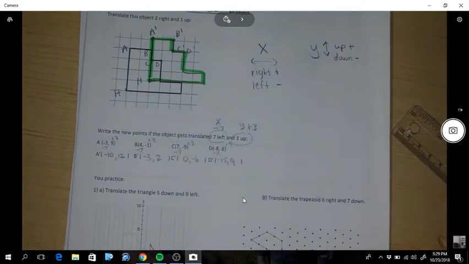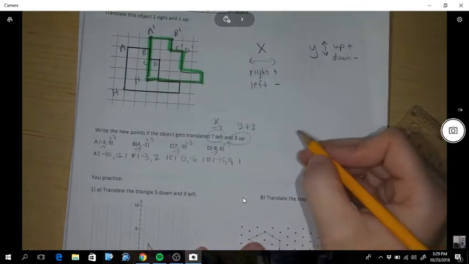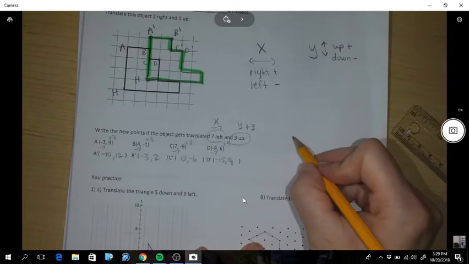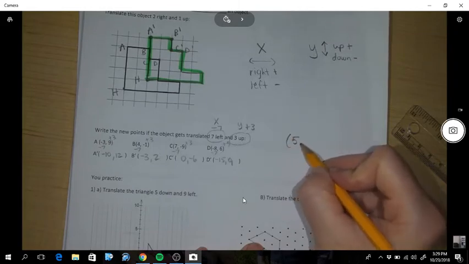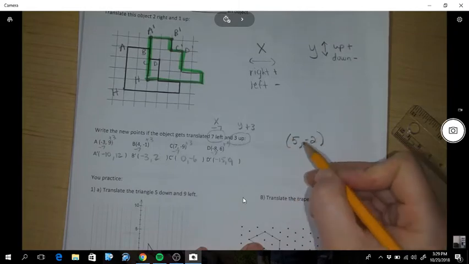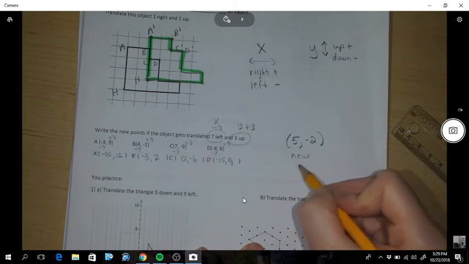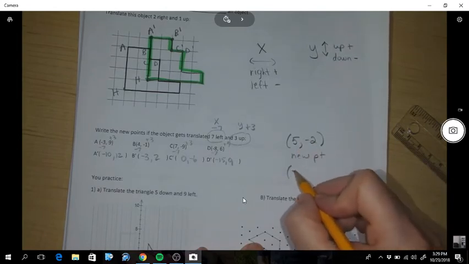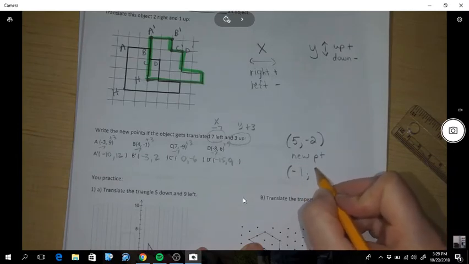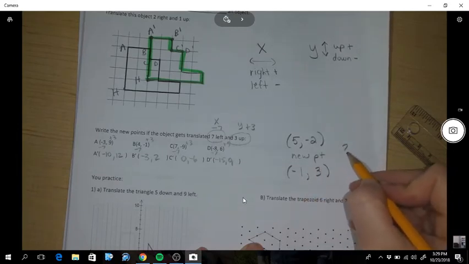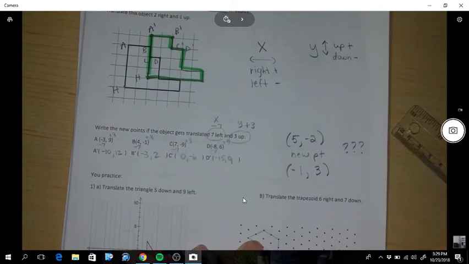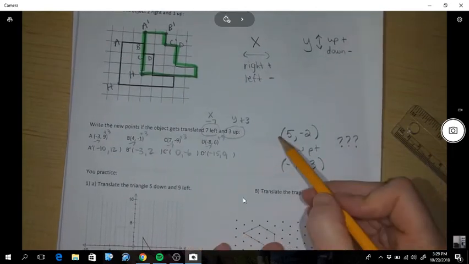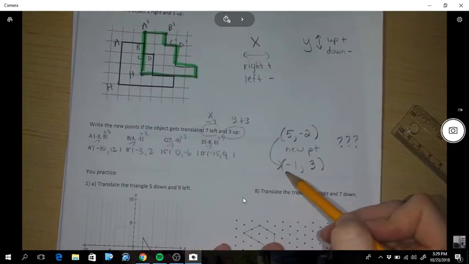The only other thing you might have to do in this unit is if I give you points. So if I give you a point 5, negative 2, and then the new point, if I say is negative 1, 3, what was the translation? So from 5 to negative 1, what did you do?